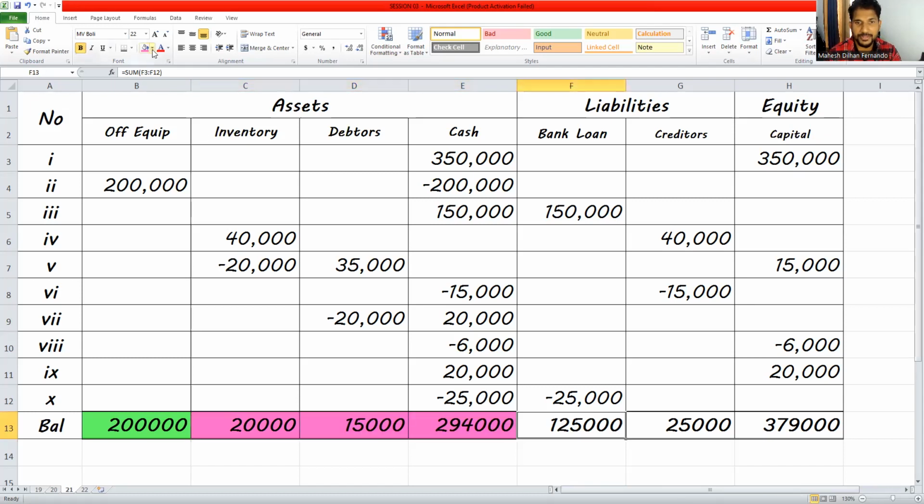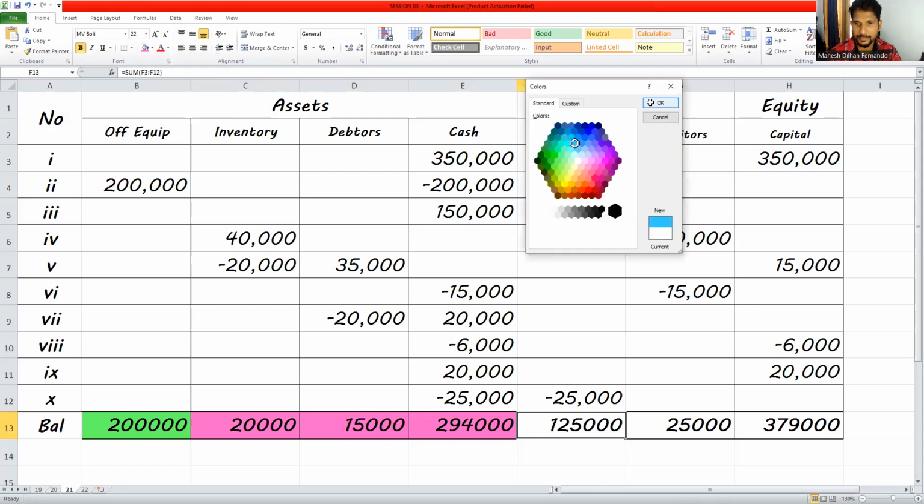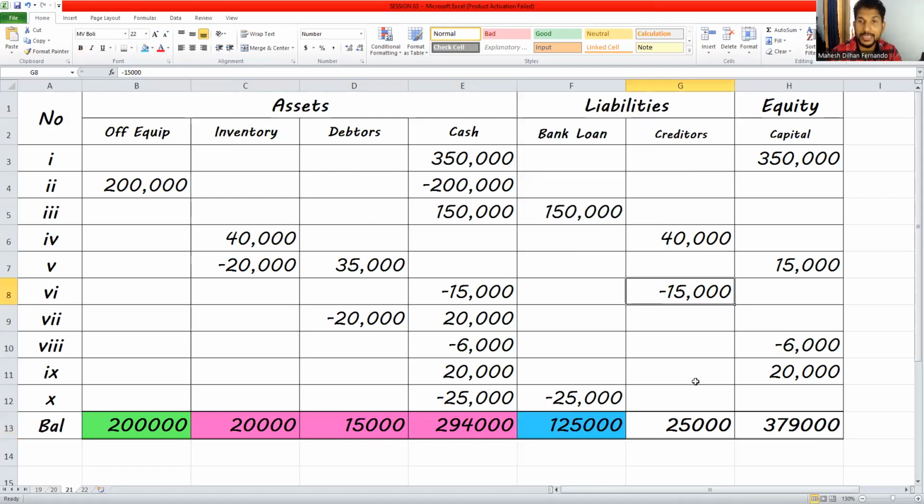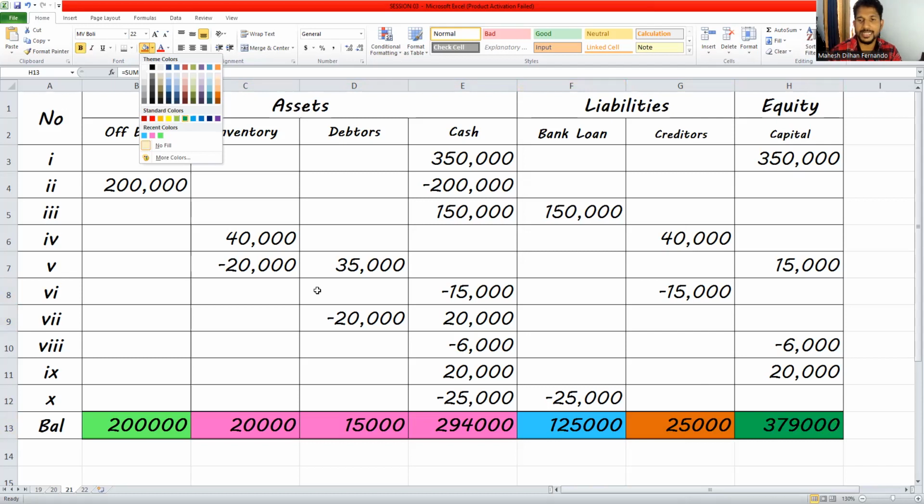This 125,000 is recognized as a non-current liability, balance of the non-current liabilities. This is the current liabilities at the end of the month, 25,000. And the equity, right, stands at 379,000.